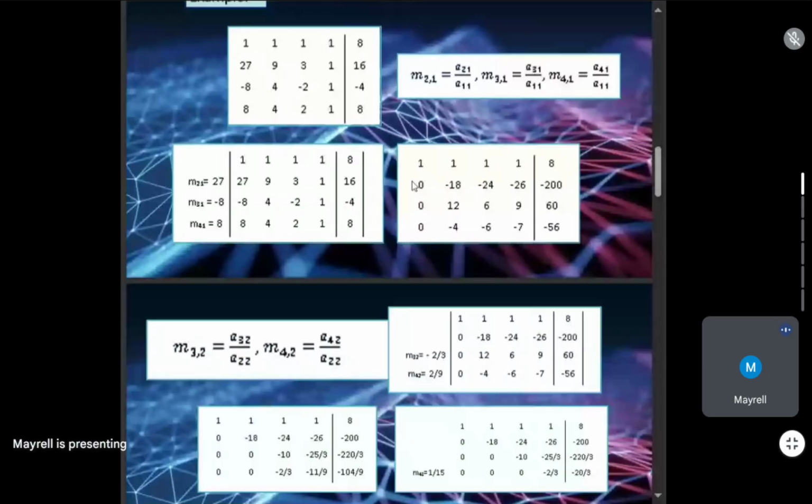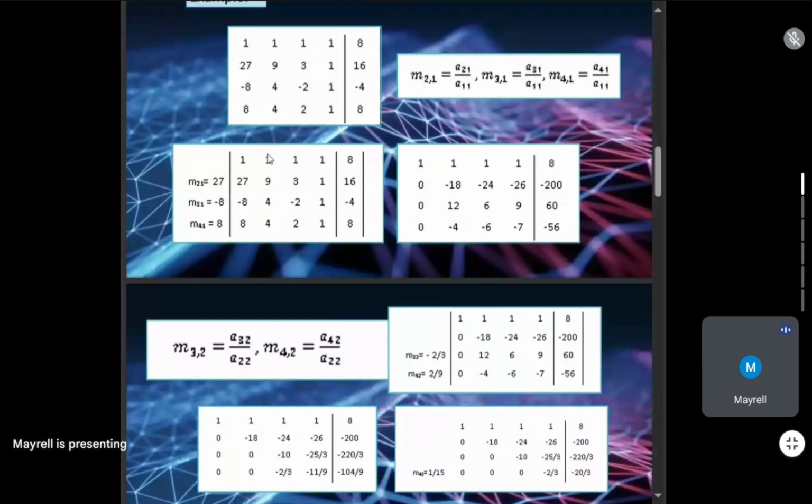And next, the second element in row 2: 9 minus the M we used for row 2 times 1, from the row above. So 9 minus 27 times 1 is negative 18.